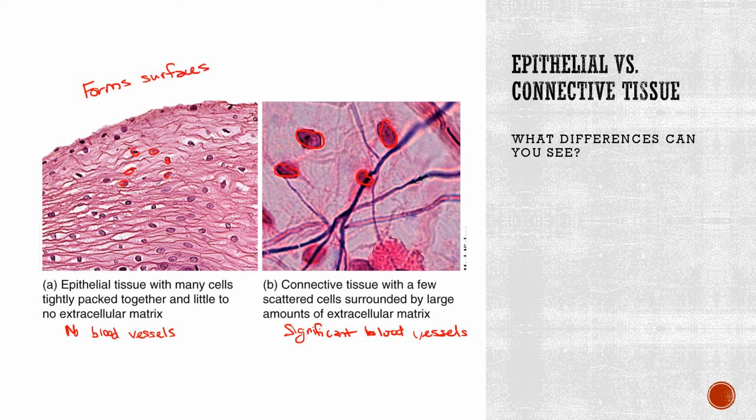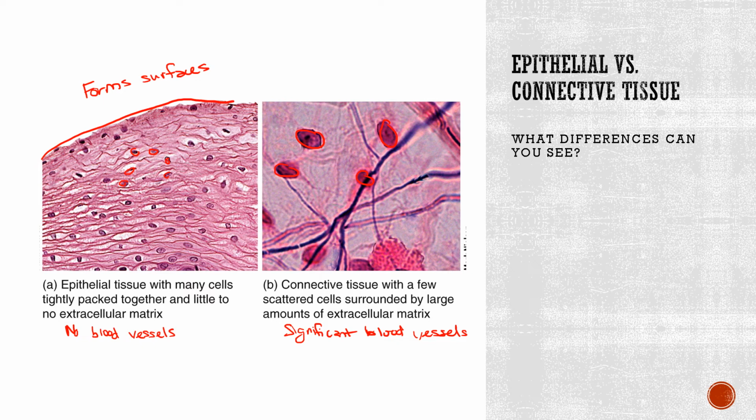So you're always going to have one end of epithelial tissue, on this side in this picture, that is going to be a surface. So it's going to pretty much be exposed to the exterior. This could be skin, this could be the inside of your intestines, which is technically exposed to the exterior. And so this is going to form a surface.